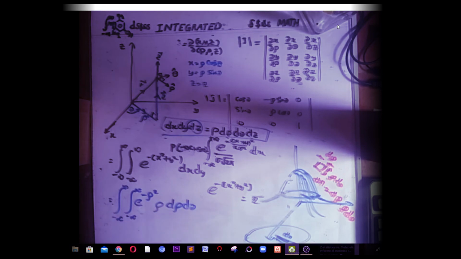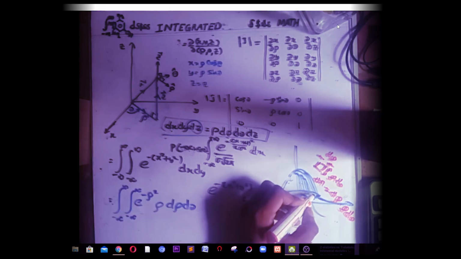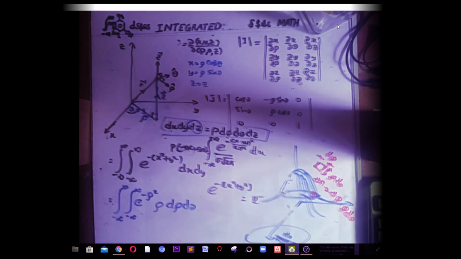But I need to find the volume, so I figure out a very tiny molecule from the whole body. This can be written as dz.